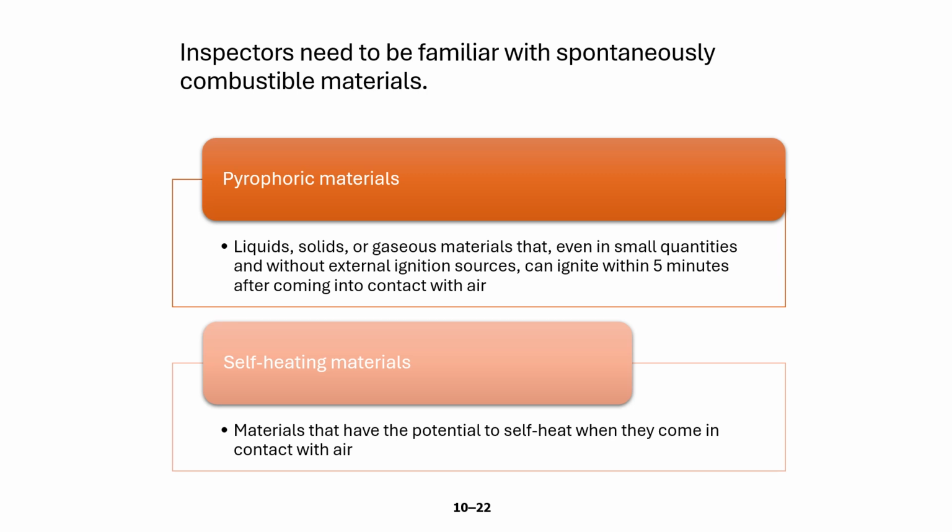You have pyrophoric materials, which are liquid, solid, or gaseous materials that, even in small quantities and without external ignition sources, can ignite within 5 minutes after coming in contact with air, and then self-heating materials, materials that have the potential to self-heat when they come in contact with air.